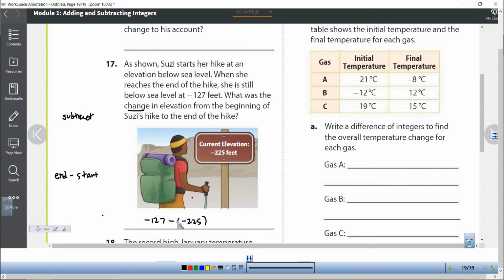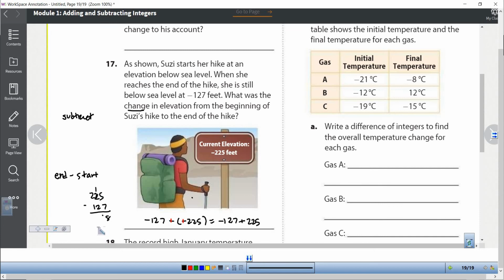All right, so subtracting a negative is the same as adding a positive, right? Okay, so here we go. What I have is a negative 127 plus a 225. So I need to subtract 225 minus 127. Let's see what the difference between those is. Well, I'm going to have to borrow here. So 15 minus 7 is 8, right?